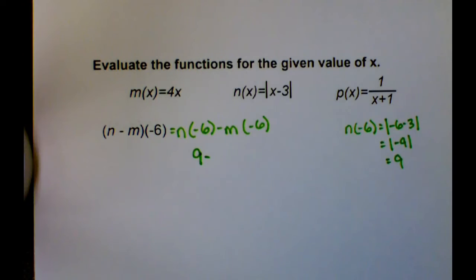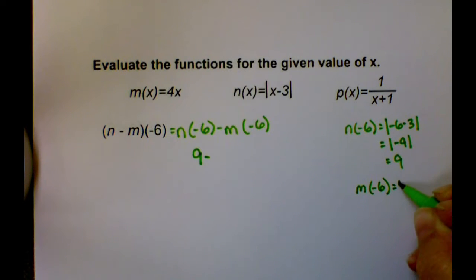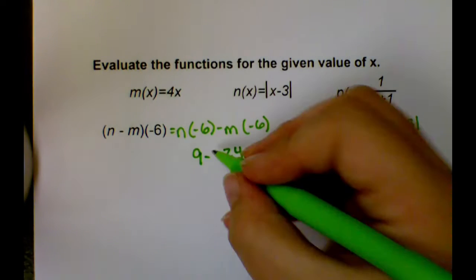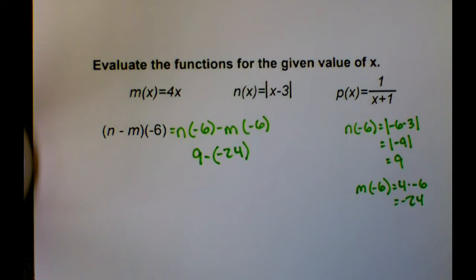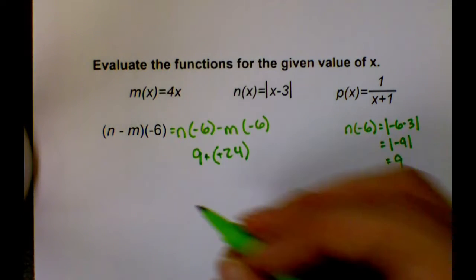Plop that in there. Then I can also find m of negative 6, which is 4 times negative 6, which is negative 24. Here I have 9 minus negative 24, which we change into 9 plus positive 24, which makes 33.